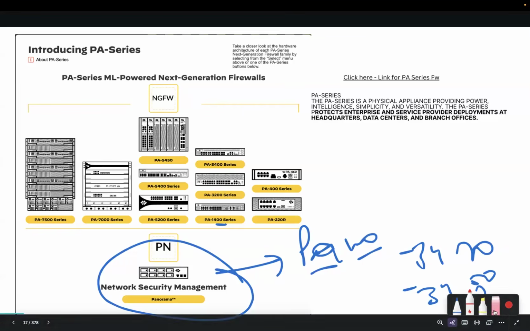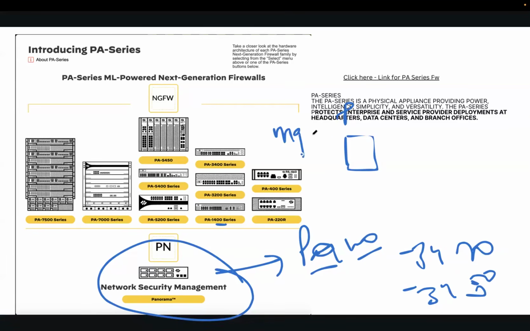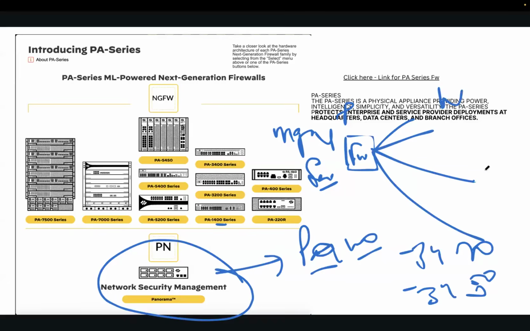When I say purpose, understand Panorama as a management server, or a management firewall, which manages all other next generation firewalls. All other next generation firewalls are managed by Panorama. It's a centralized management firewall.